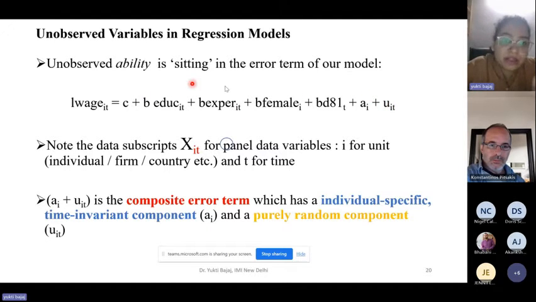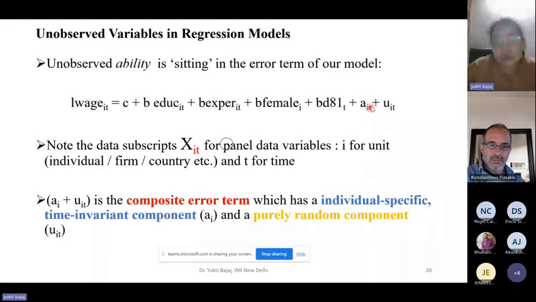All these are observable variables. Where are unobservable variables? In the error term. So this AI is an unobservable variable sitting in the error term. So the error term has two parts, right? This EIT was a composite error term, which has now been broken down into a purely random error term and the ability, that is the individual specific component. Every laborer has their own ability.